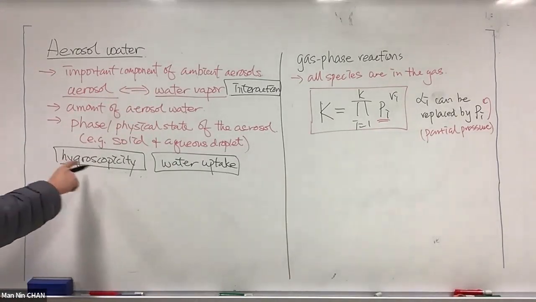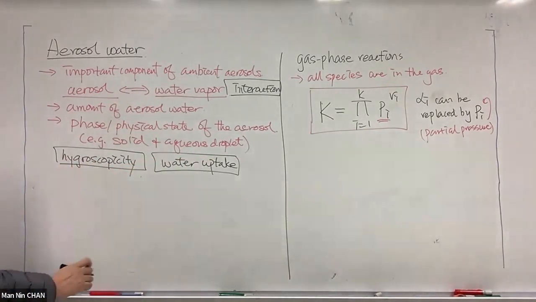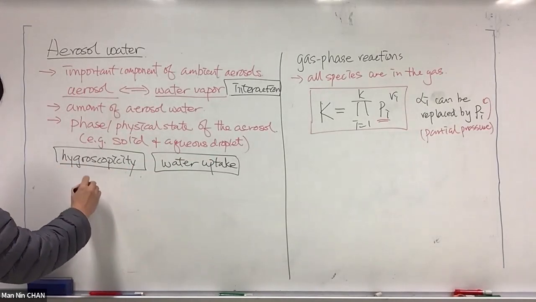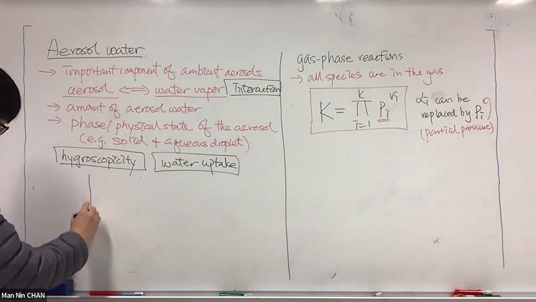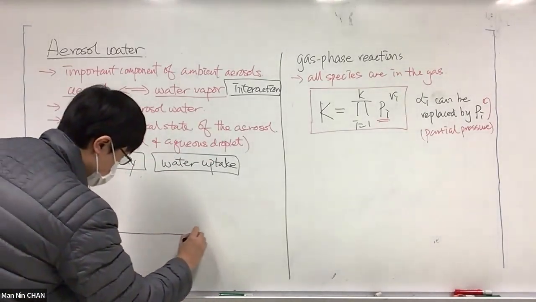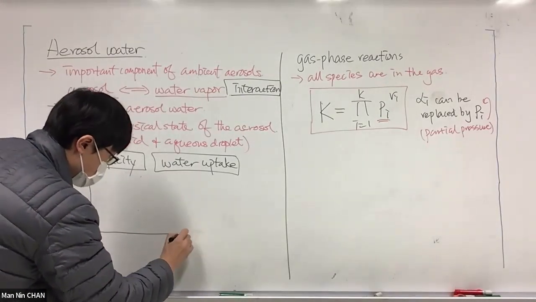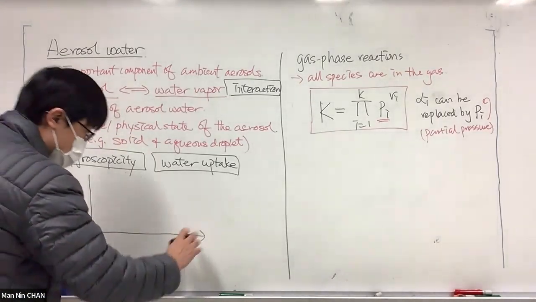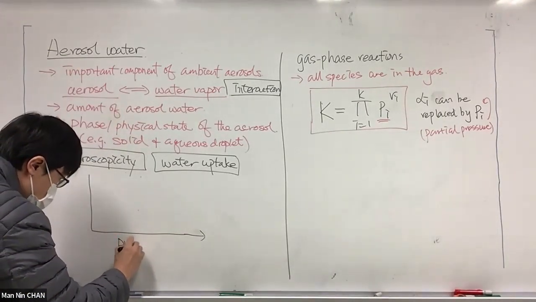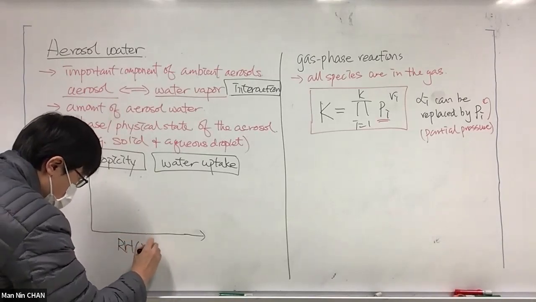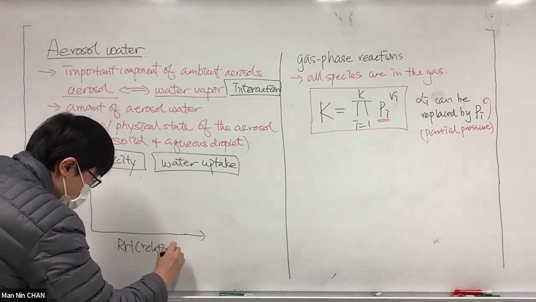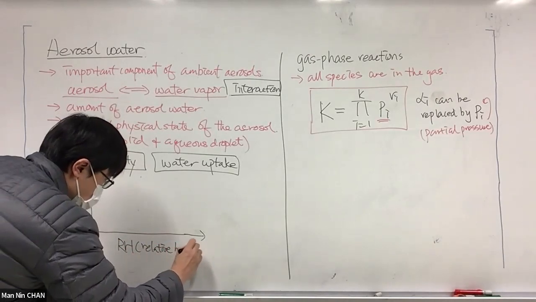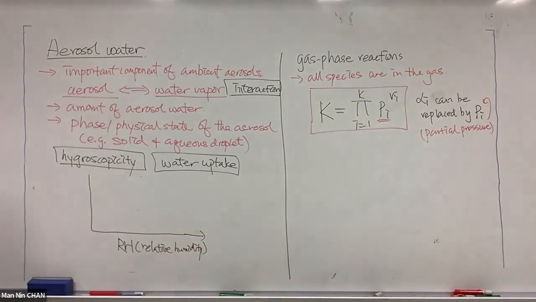So when you study hygroscopicity and water uptake, you always come across a graph like this. You will see a graph where the x-axis is the RH, which stands for relative humidity.